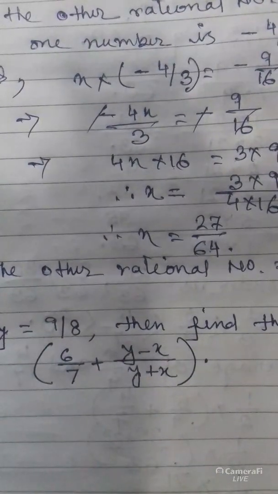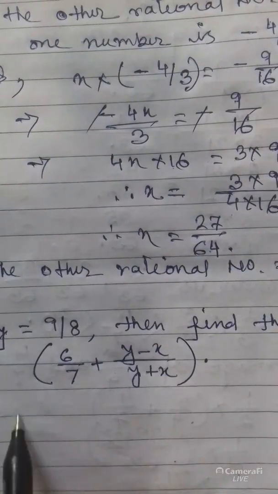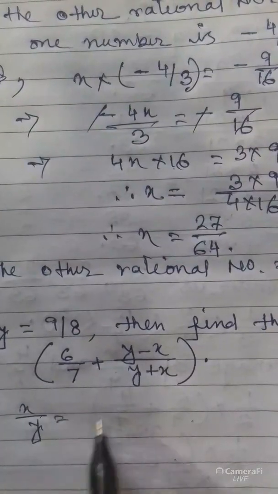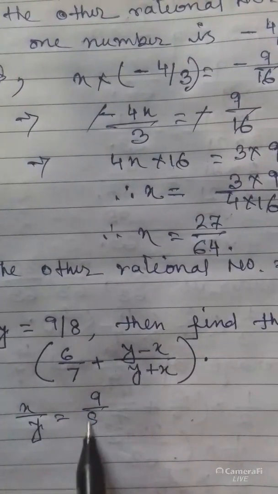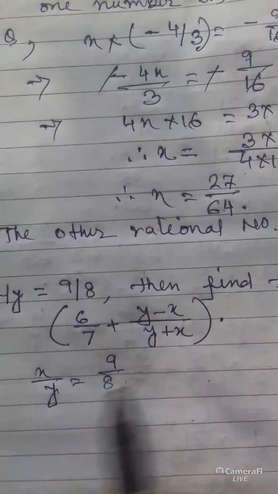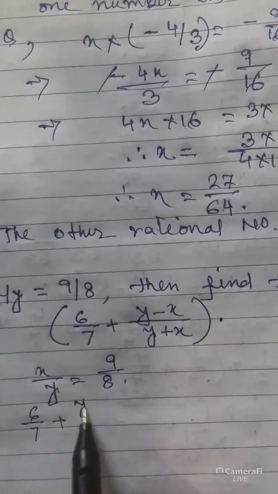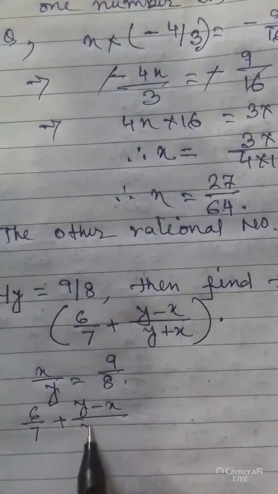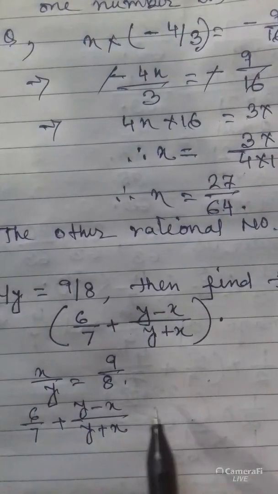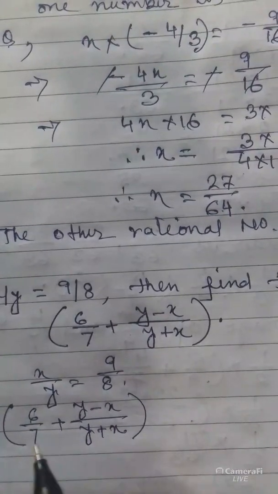So we have x by y equal to 9 by 8, and we find the value of 6 by 7 plus y minus x by y plus x.